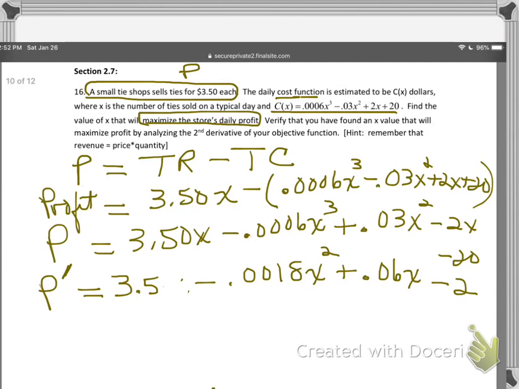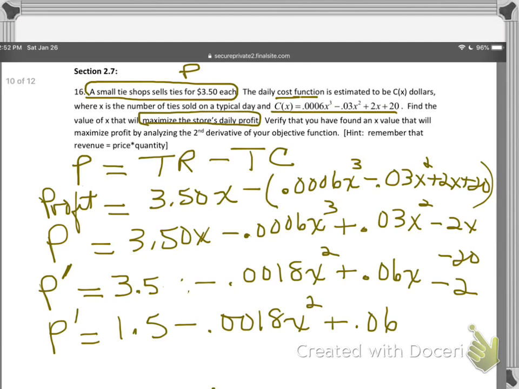Okay, so let me clean this up again now that I can combine terms. This is really just going to be 1.5 minus 0.0018x squared plus 0.06x. Okay, so that is my first derivative.